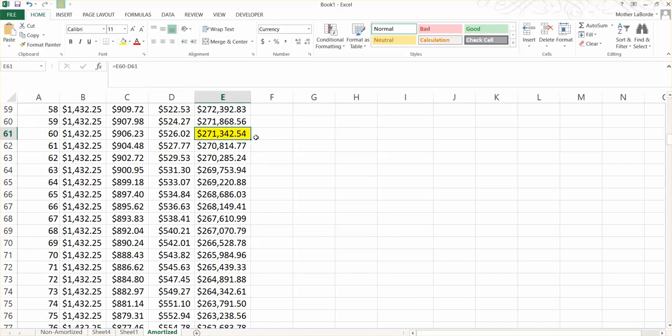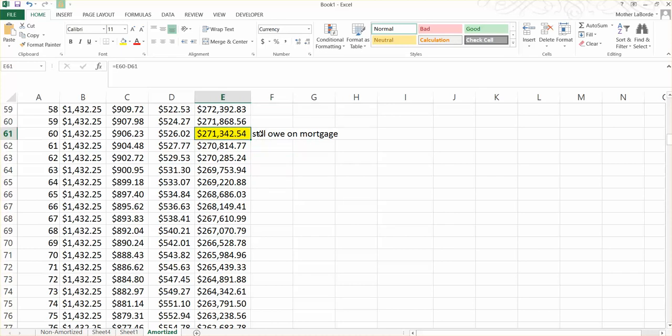So this is how much I still owe on the mortgage. Again, I don't need you to be able to calculate this. For your own information, it would be good to know just for real life, but for the test, I'm not going to ask you to be able to calculate stuff like this. I'm just interested in your understanding the concept.